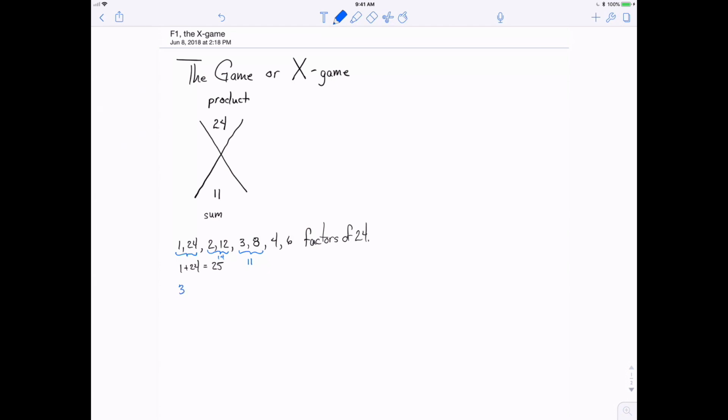Since 3 plus 8 is equal to 11, and 3 times 8 is 24, the answer to the game is 3 and 8.